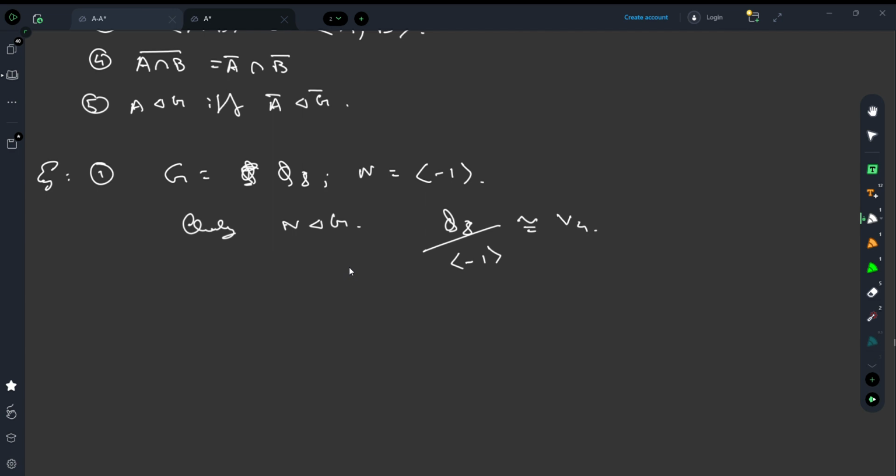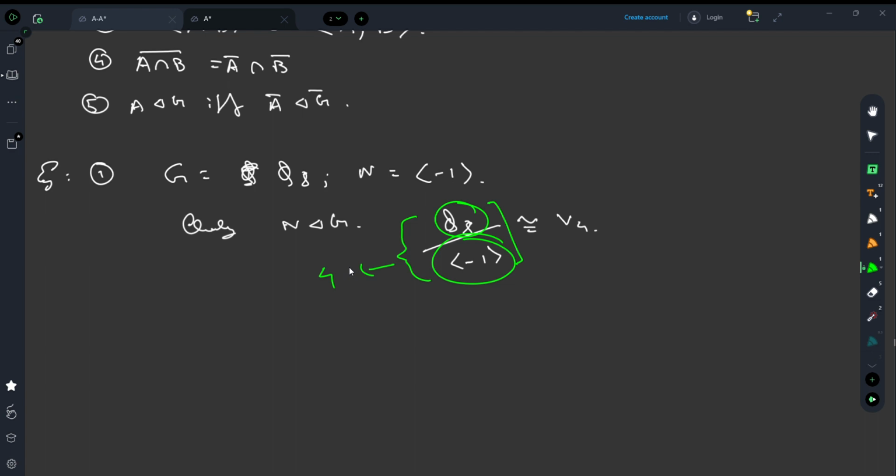I guess we gave a proof of this previously in some lecture, but you can view this directly from the fact that N has order 2 and Q8 has order 8, so the quotient has order 4. So it can either be isomorphic to Z4 or V4. If there is no element of order 4 here, then it is isomorphic to V4, because if it had an element of order 4, it would be isomorphic to Z4.